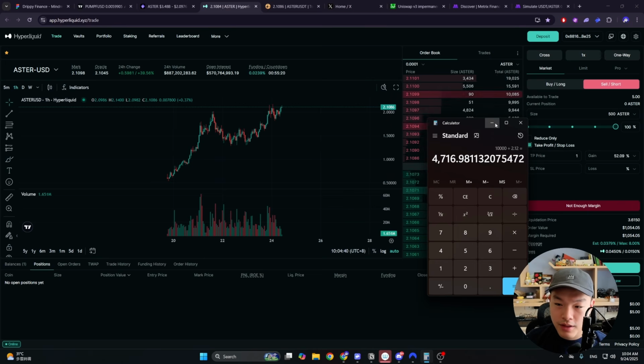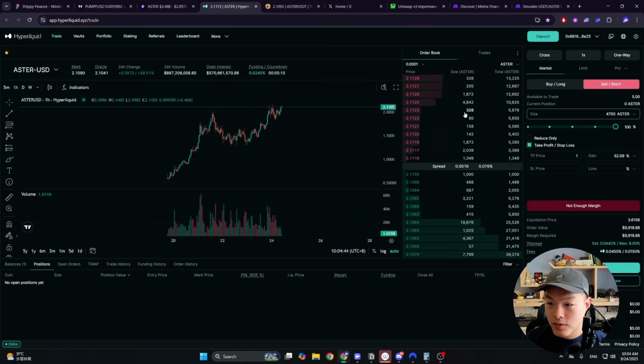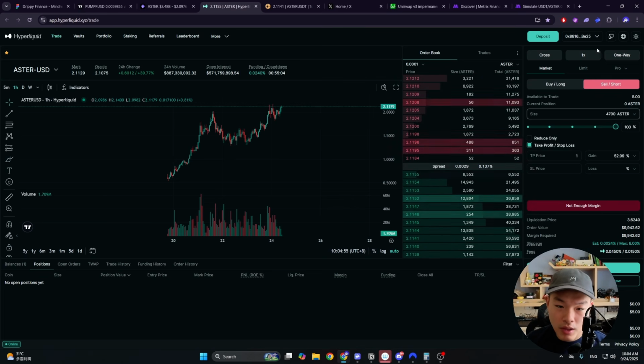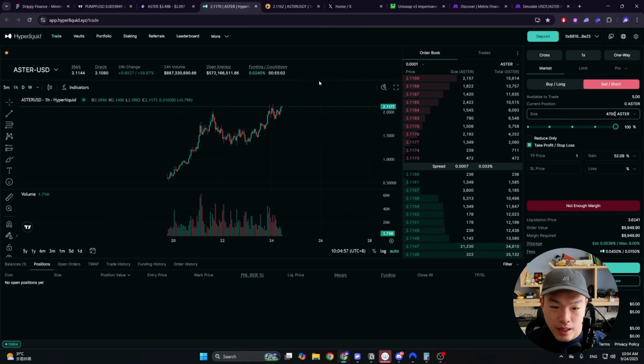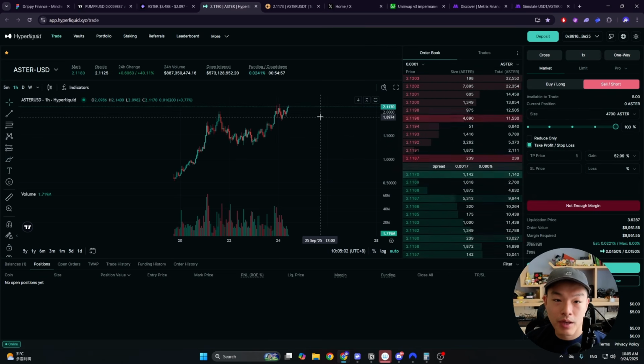So let's just say it's 4,700. Let's say you open with 4,700 with 1x leverage here. And I personally prefer lower leverage simply because I don't want to be monitoring the price movement that much. And for lower cap tokens, the price movement could be quite aggressive, right?